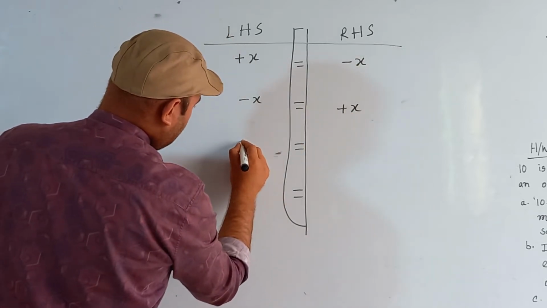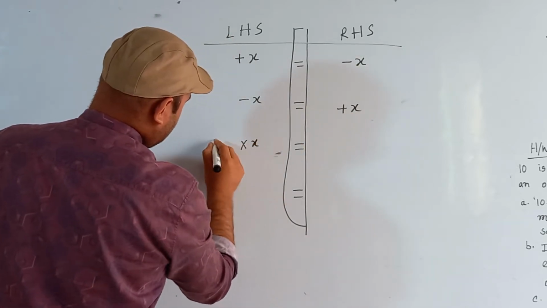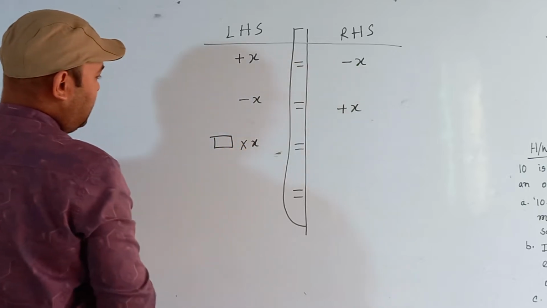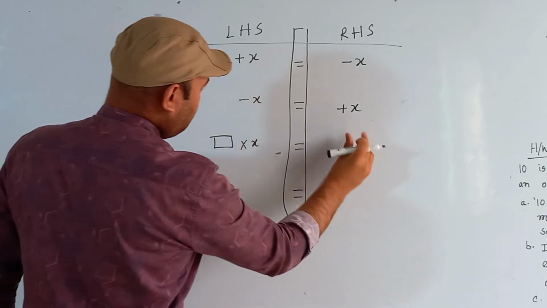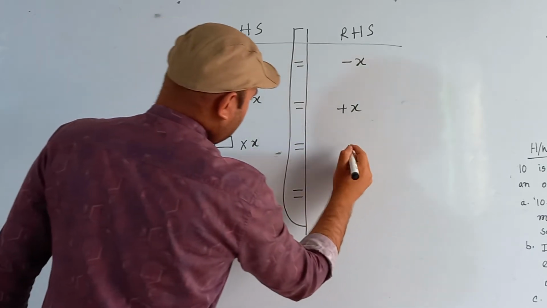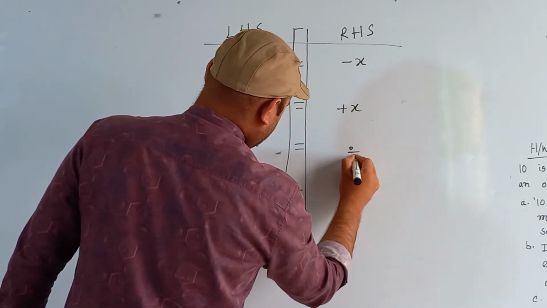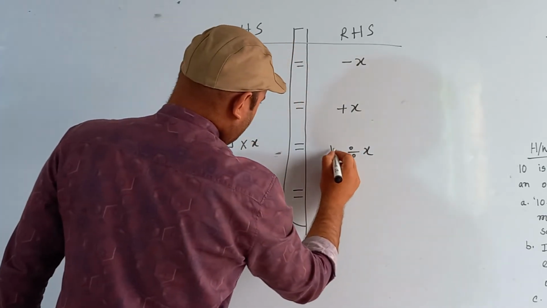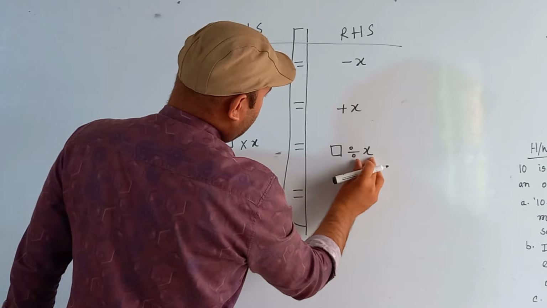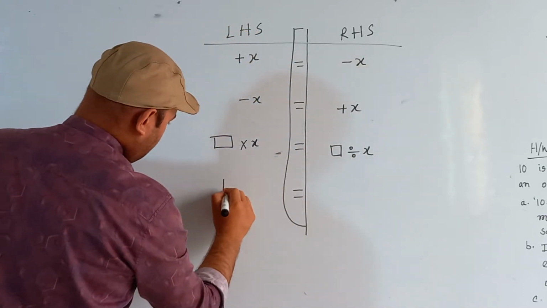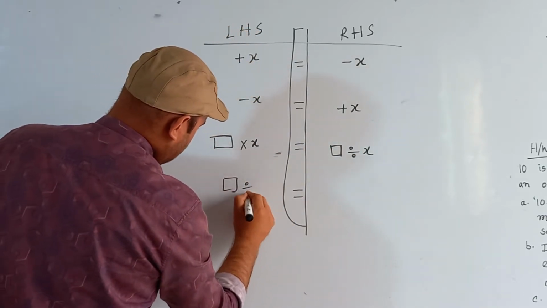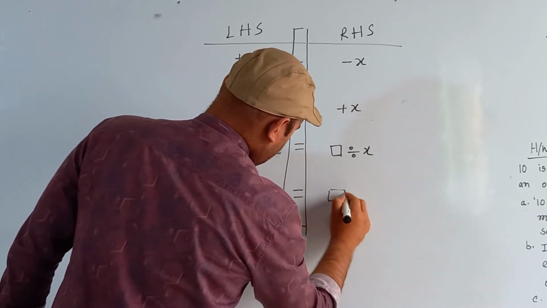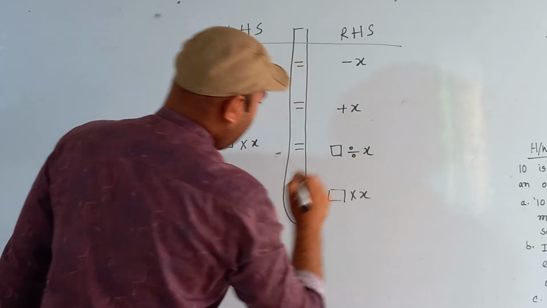If I write here multiply x, something multiplied by x, and if I want to convert this to the right hand side, it will be divided by x. That means something divided by x. If I write here divided by x, then after changing it, it will be multiplied by x.